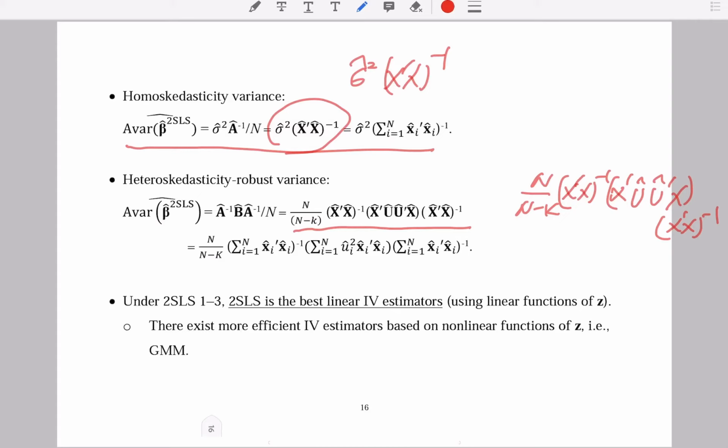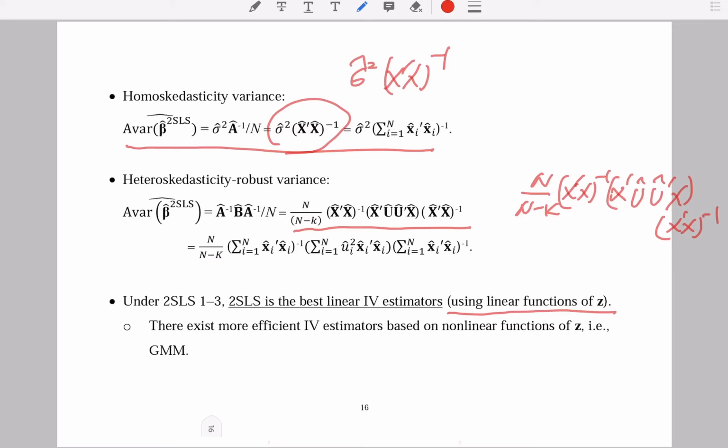So in fact, we have a similar efficiency result here. Under the two-stage least square assumptions 1 through 3, two-stage least square is the best linear IV, or instrumental variable, estimator using linear functions of z.